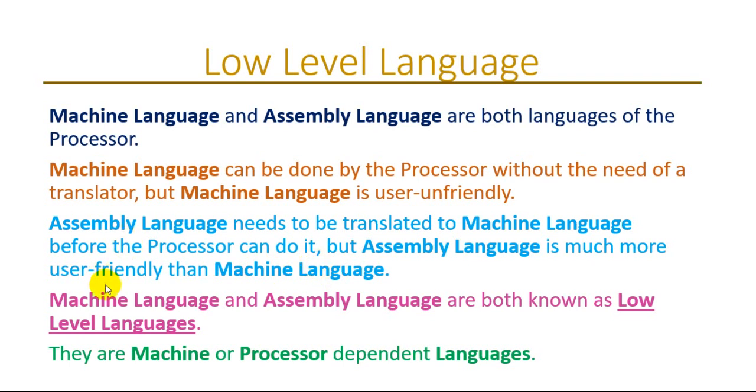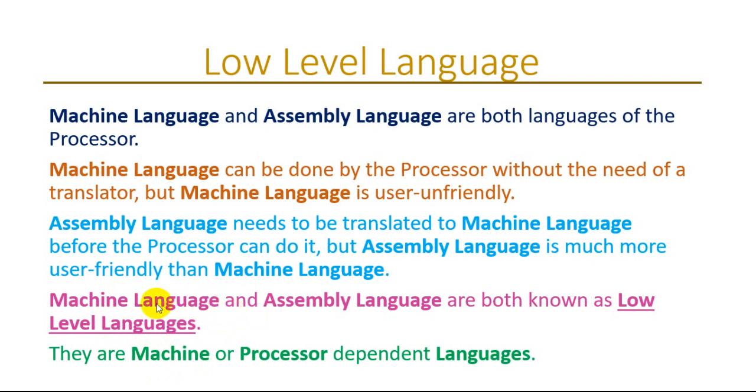Right. So machine language and assembly language, both of these languages are known as low-level languages. Why low-level language? Because they are the closest to the processor. Machine language directly works with the processor, same instruction set. Assembly language needs a translator, but still it's the same instruction set. These languages will not work with different processors. They will only work with the processor they are meant for.